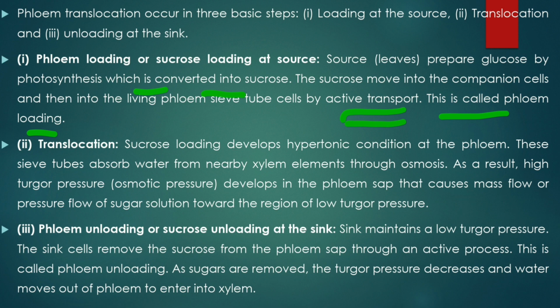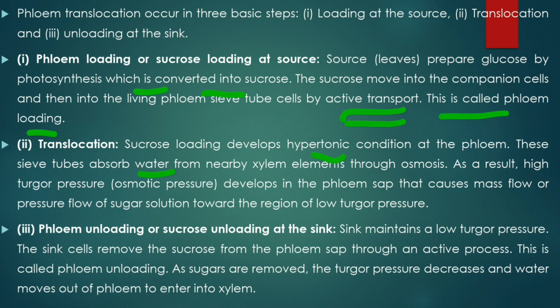Then translocation. Sucrose loading develops hypertonic condition at the phloem when sugar is loaded at the sieve tube. So that region where the sugar is loaded, it creates a hypertonic condition. That means the sugar concentration is much higher at that place where the sugar is loaded.